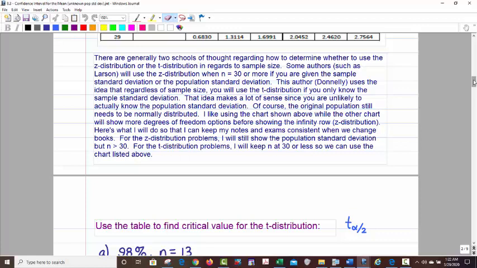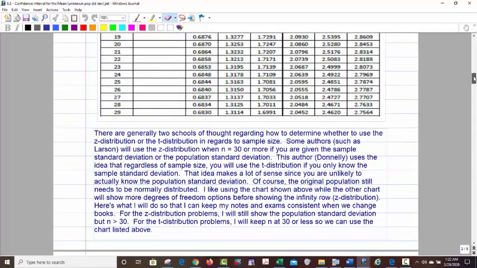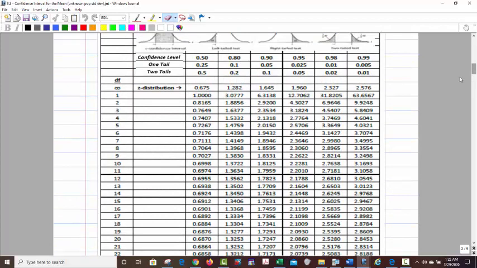Some authors, though, use that 30 rule like we have for the central limit theorem. They'll say if n is 30 or more, you can go ahead and use the Z. Because if you look at this chart, which is only up to 29, obviously, but let's just pick this 95% column.